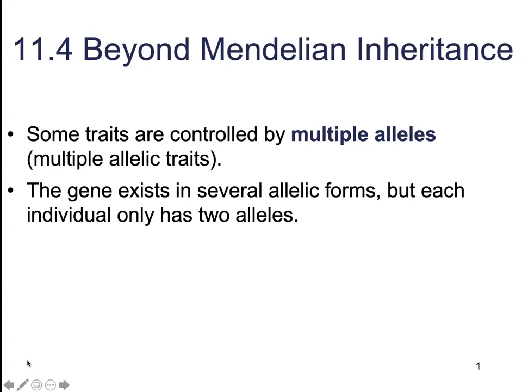A great example of this would be ABO blood types. ABO blood types are an example where we have 3 different alleles that are possible, which can lead to a variety of different blood types. We're not limited to just A or B, but we have A, B, or O.